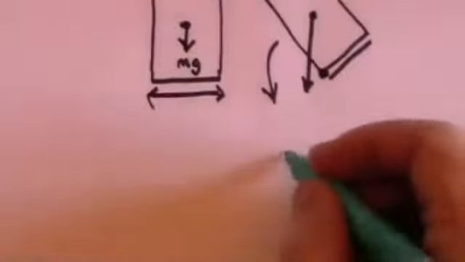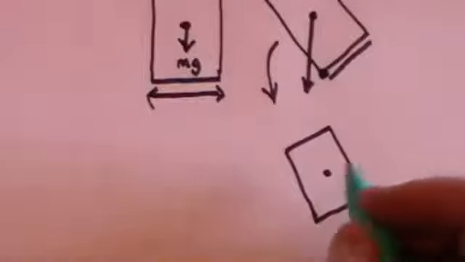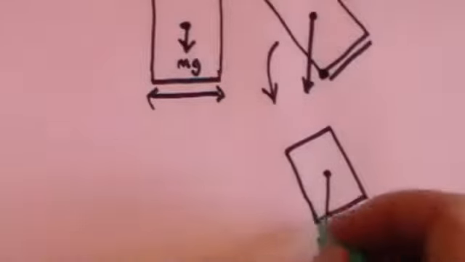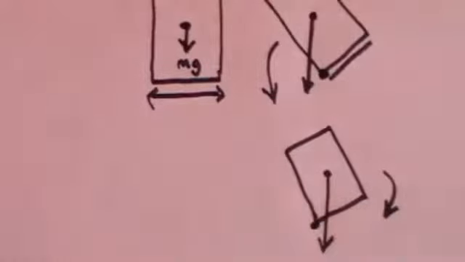Whereas if the object is at that angle, and here is the centre of mass, you'll see that the centre of mass has a force acting downwards, which is within the wheelbase, or within the base. And here's the turning point. And now the moment of the force is to the right of the turning point, and therefore it's going to cause the thing to swivel in this direction, in other words, to go back upright.